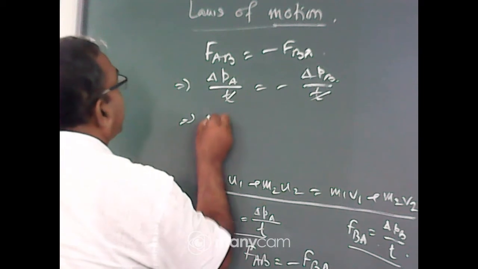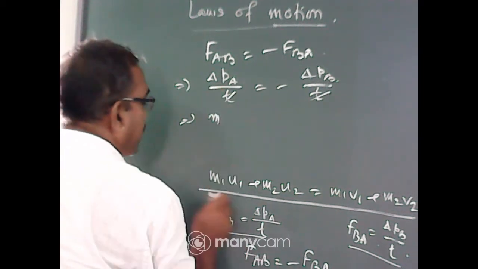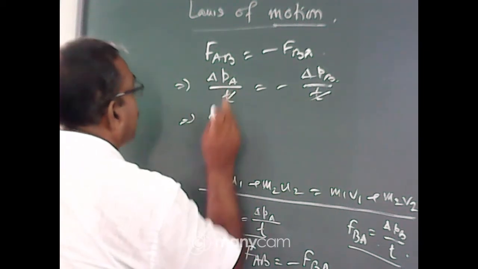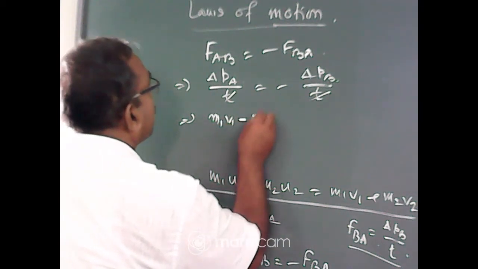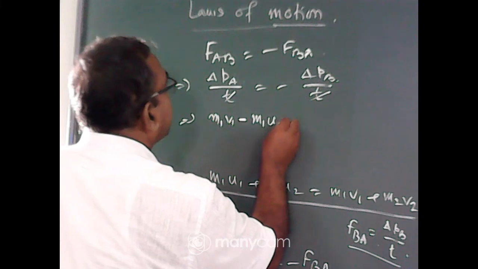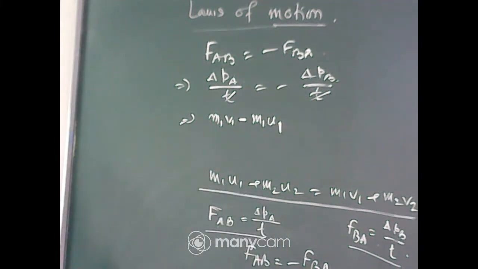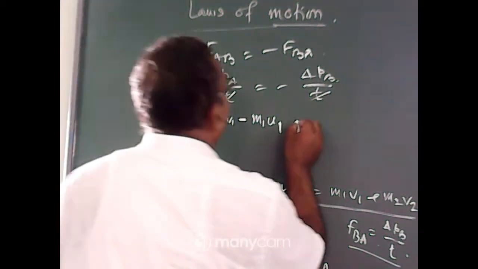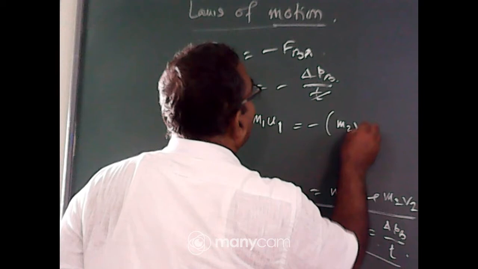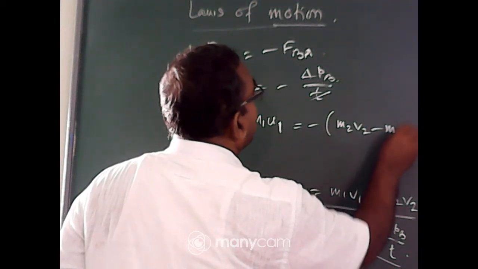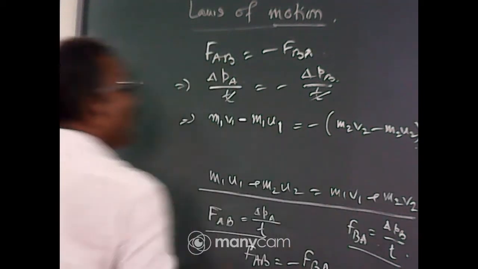Del PA means for the first object, object A, m1 v1 minus m1 u1. That is the change in momentum of the object A, the first object, and the change in momentum of the object B is m2 v2 minus m2 u2. Okay?